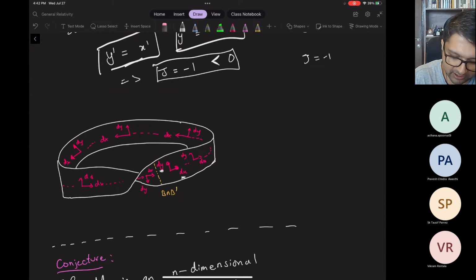So imagine dx, dy at every point. Roughly speaking, dx cross dy, using the right hand rule, gives me an outside, and dy cross dx would give me the inside direction. So I have an outside and I have an inside, at least locally.